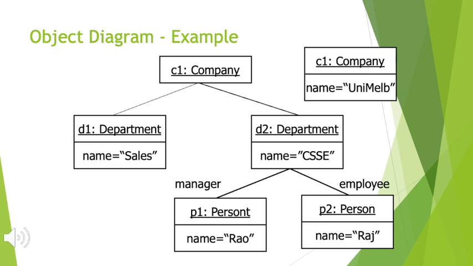That means it shows the name of the department, and for the person, the details of the class: the name, like I showed in the earlier slides, the company name, the company number.